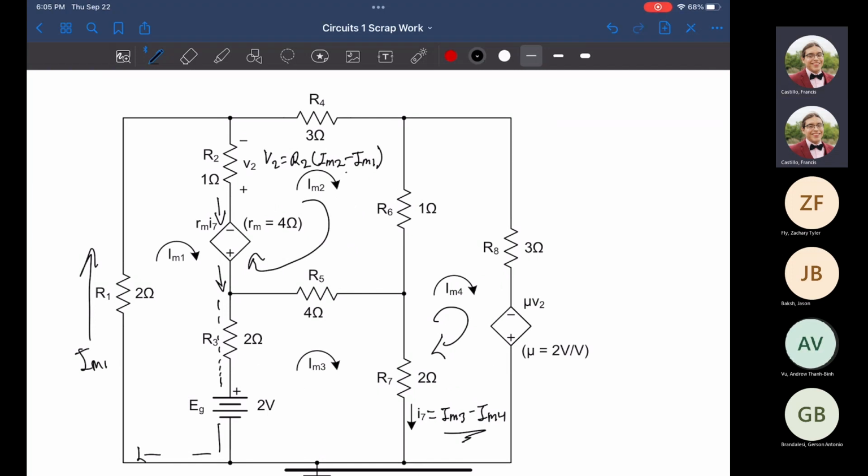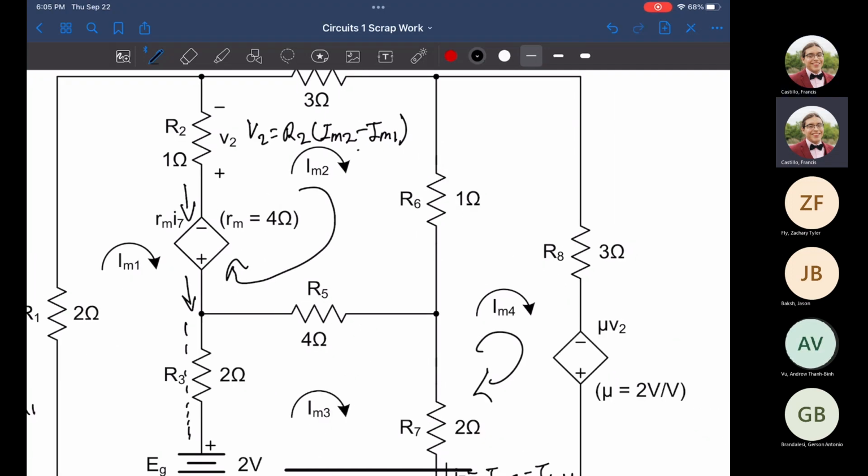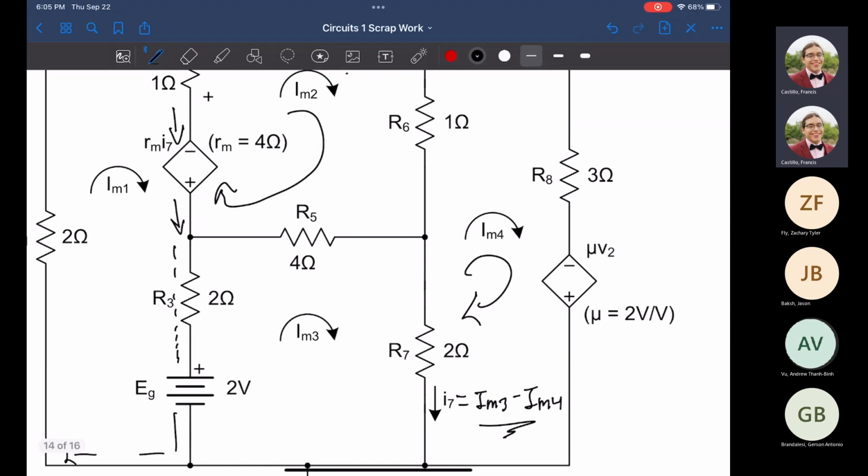So for I7, we said that it's equal to mesh 3 minus mesh 4. Since mesh 3 went with our current flow and mesh 4 didn't, we assume that difference there. We could assume the other way too. It just depends on your convention and which one flows through, which one follows it.